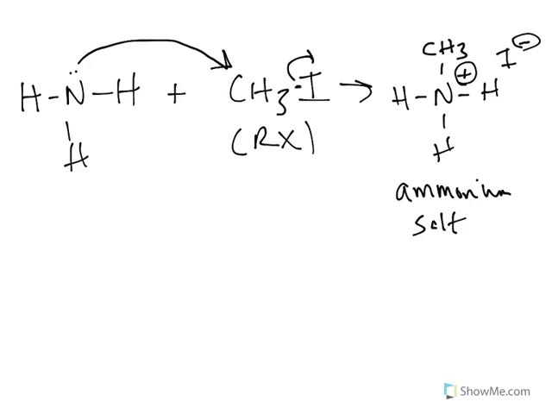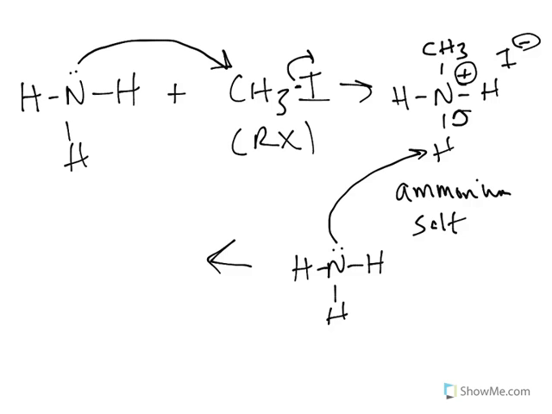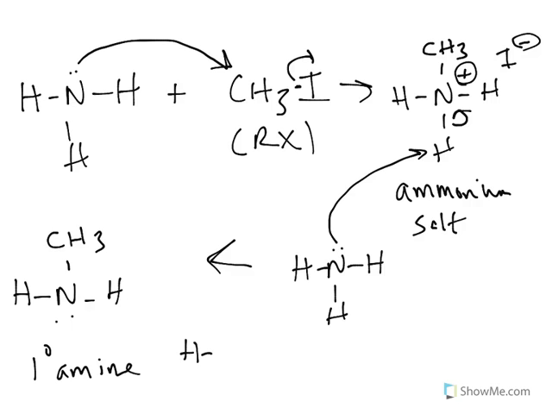And what can happen in a subsequent step is a second molecule of ammonia can come and remove a hydrogen, and that would give us a primary amine and an ammonium salt. All right, so looks straightforward.